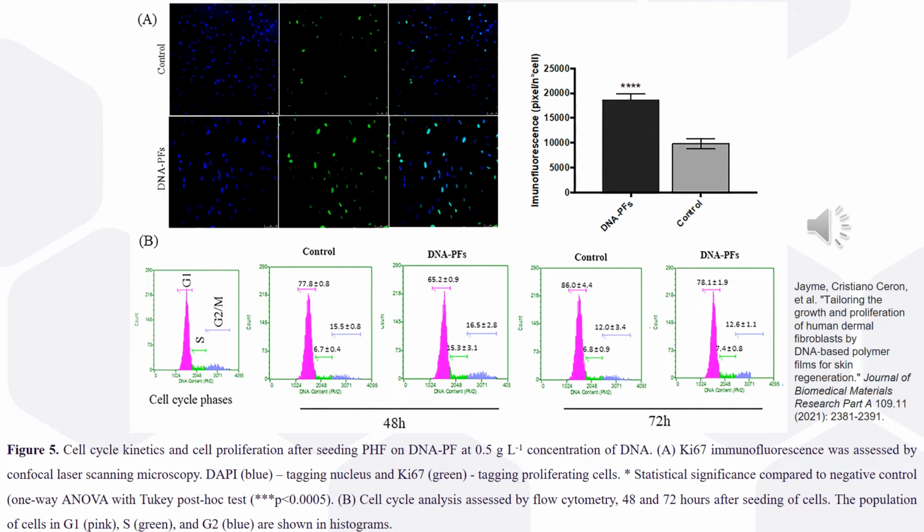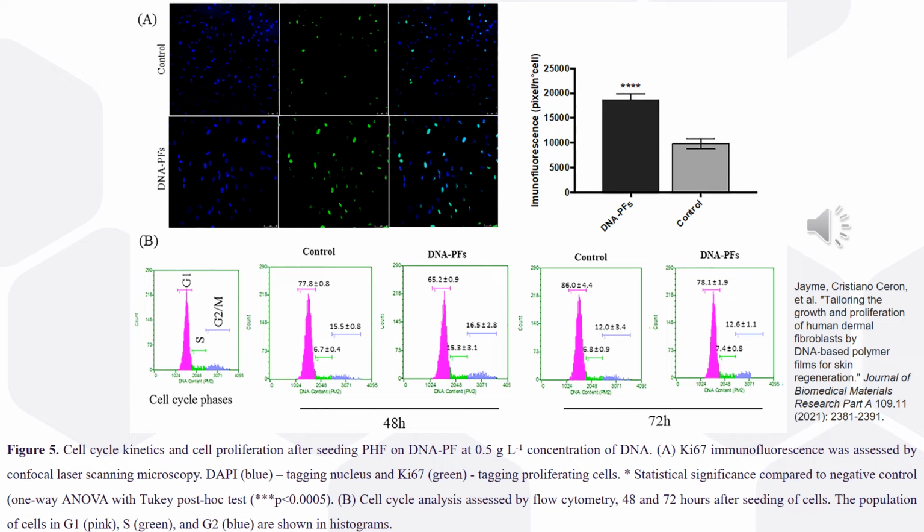This is measured by the conversion of non-fluorescent DCFDA to fluorescent DCF using a flow cytometer and a microplate reader. As indicated in figure 4A, a very slight redox imbalance was observed between the cells seeded on the DNA polymer film, the blue line, and the control, the red line groups.